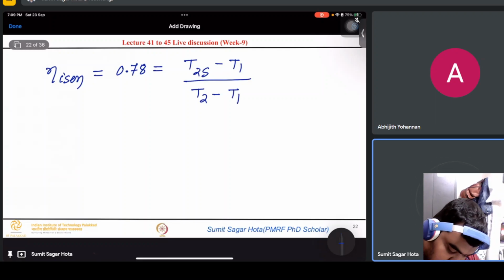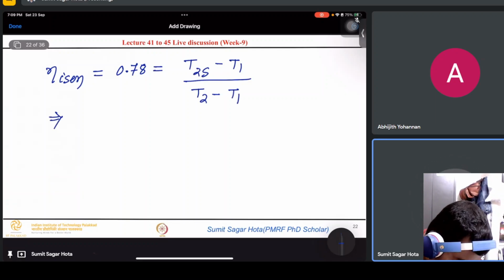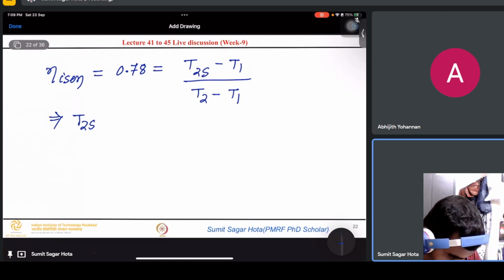T2s we don't know, so we need to find it out.